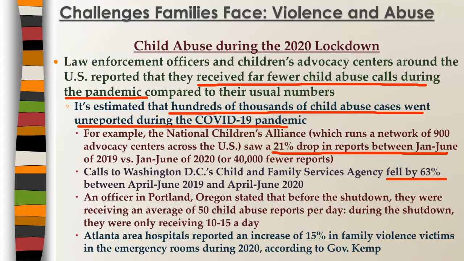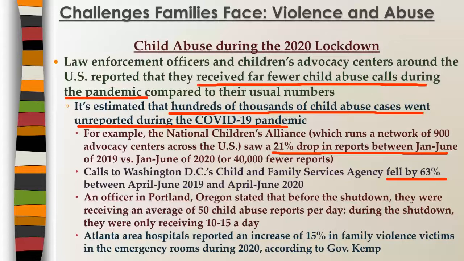An officer in Portland, Oregon stated that before the shutdown, they were receiving an average of 50 child abuse reports a day. During the shutdown, they were only receiving 10 to 15. Atlanta area hospitals reported a 15% increase in family violence victims in emergency rooms during 2020, according to Governor Kemp.